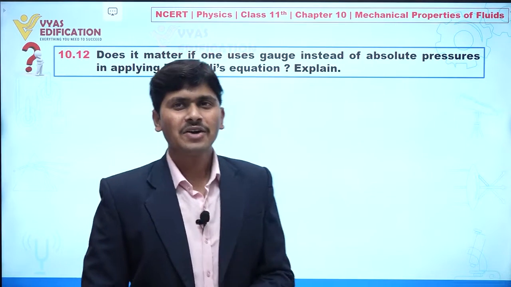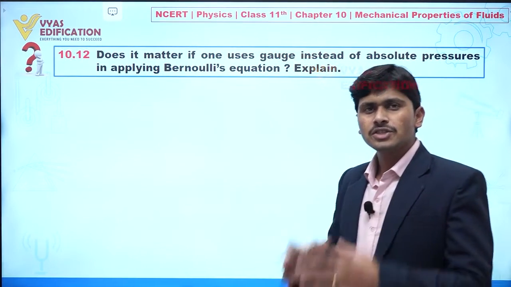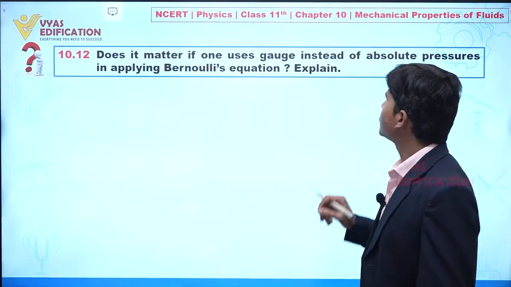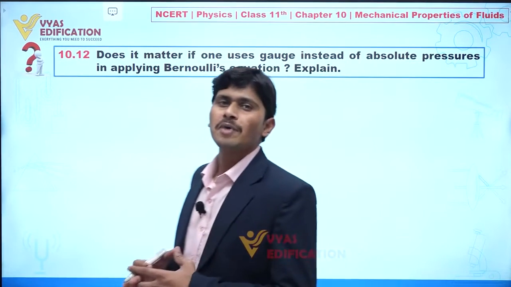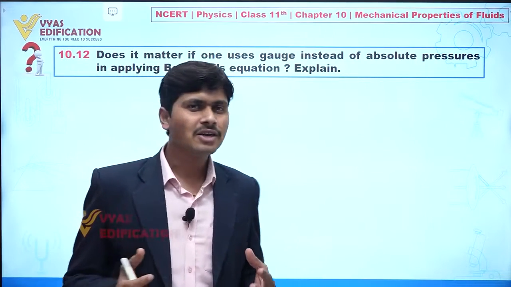Now dear students, we are going to discuss question number 10.12, and in this question it is given to you: does it matter if one uses gauge instead of absolute pressure in applying the Bernoulli equation? Clear? So my dear students, do you know what is the Bernoulli equation?